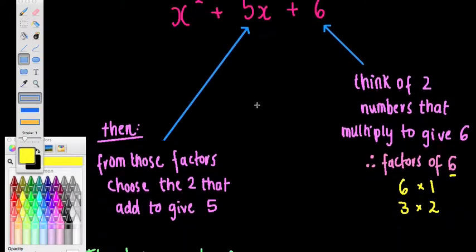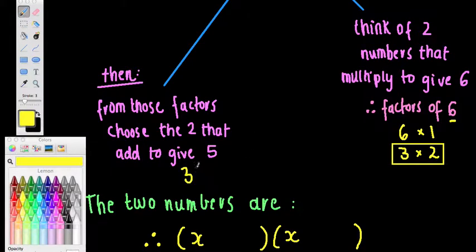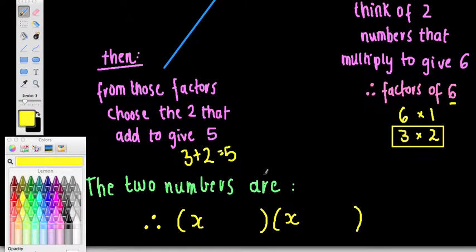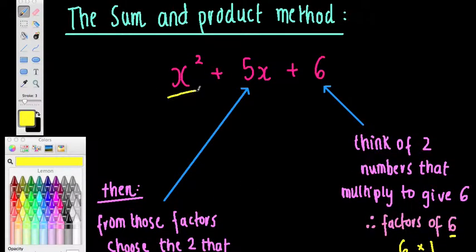So looking at the two pairs that I had for 6, do any of these add up to 5? Yes, they do. 3 and 2, because 3 plus 2 equals 5. So these are the two numbers that I've been looking for. So when I factorize, I start off with my two brackets. I put my x term first, because I know that x times x is x squared, and that's what is shown here.